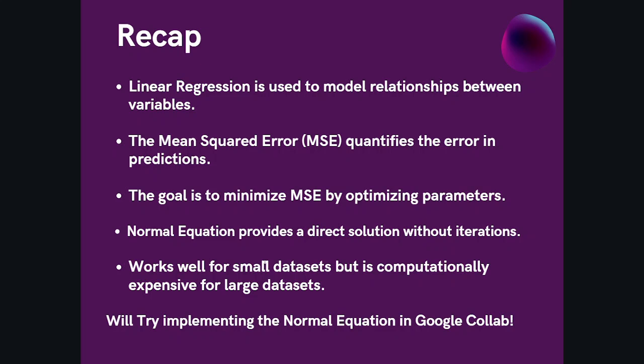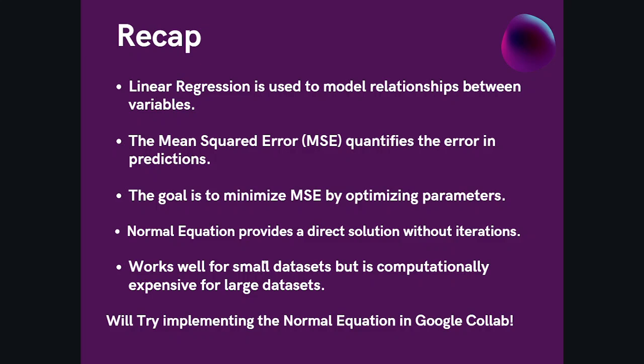What do you mean by optimizing MSE? Minimizing MSE, we have to minimize the difference between the actual value and the predicted value, so that we can find the best parameters for our model. The fourth point is the normal equation provides a direct solution without iterations.